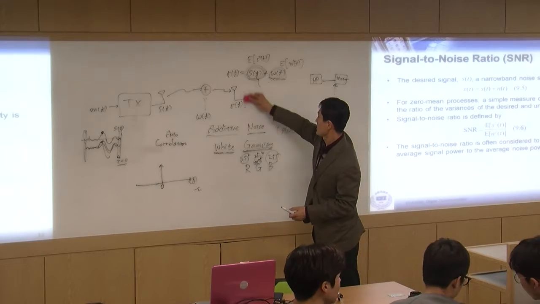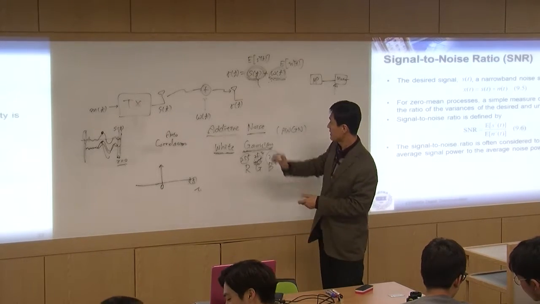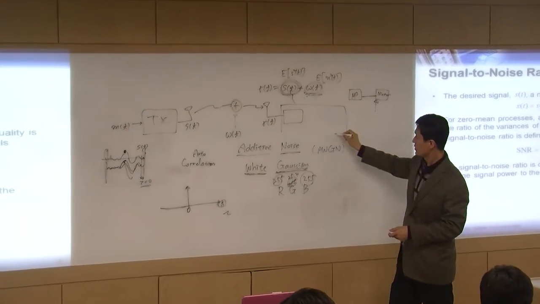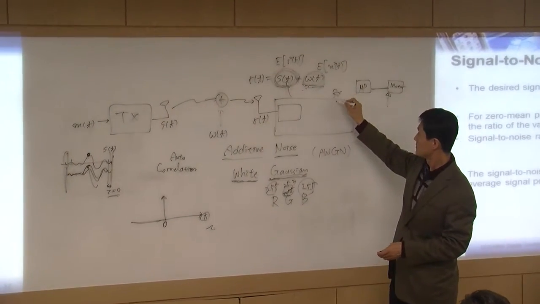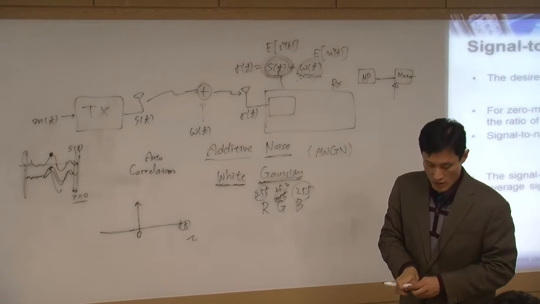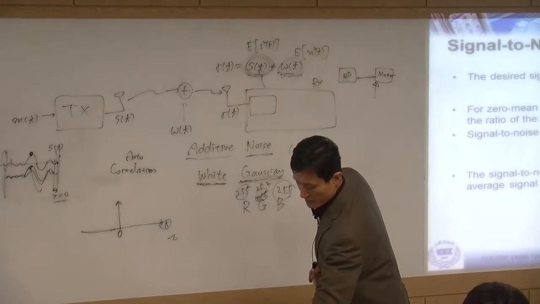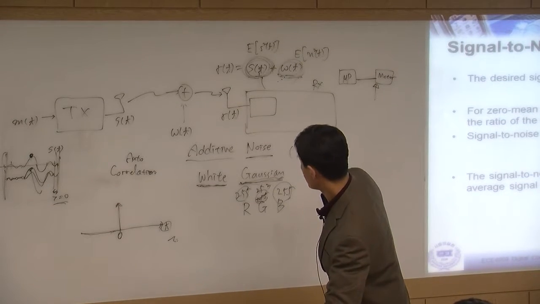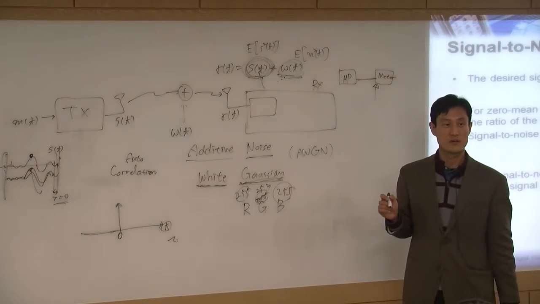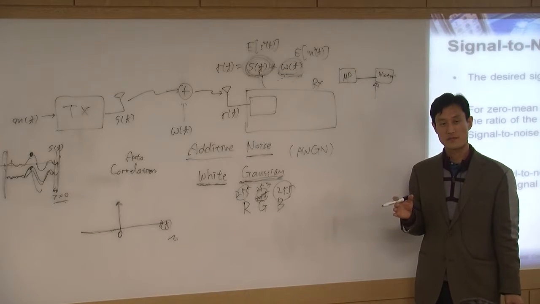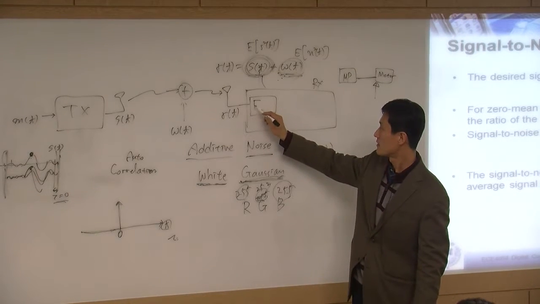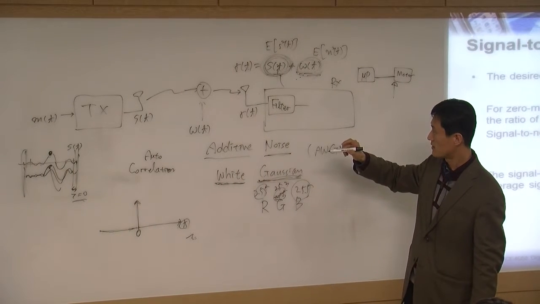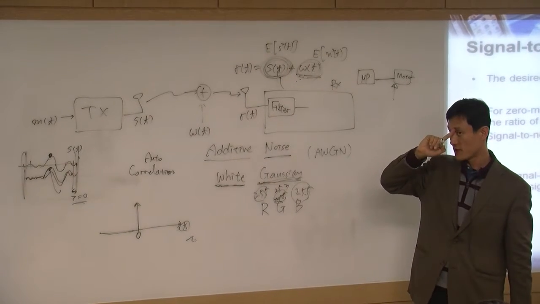Okay, let's take a look at the details inside here. I'd like to draw a little more detail about the receiver. Inside the receiver, what is the first thing you have? The first thing you have is a filter. We call that a band rejection filter.